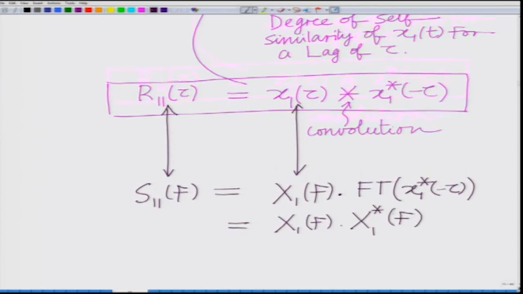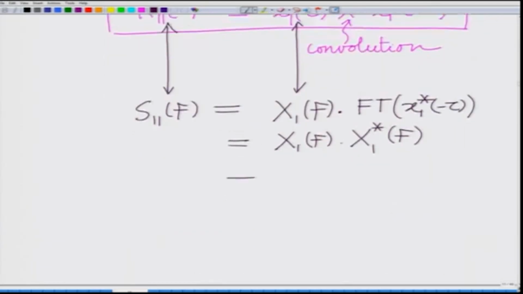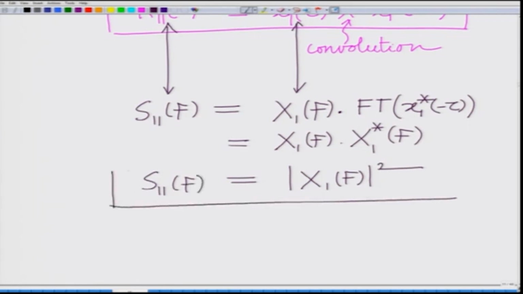So, we have x1(f) into x1 conjugate of f. So, this is magnitude x1(f) squared. So, S11(f) is the Fourier transform of the autocorrelation of x1(t).